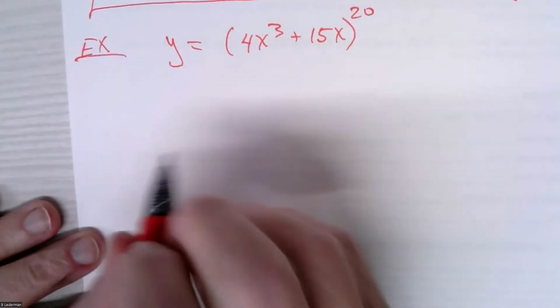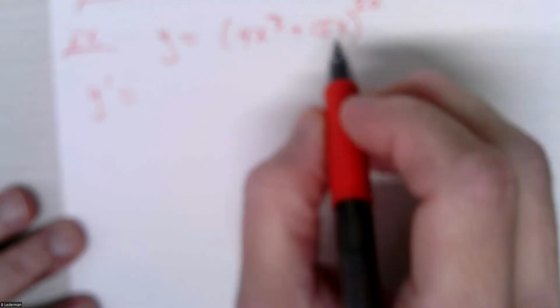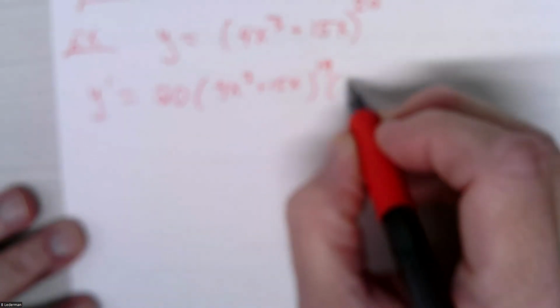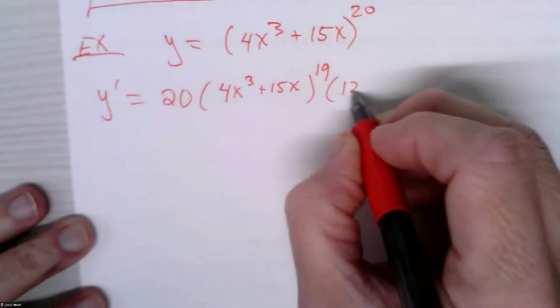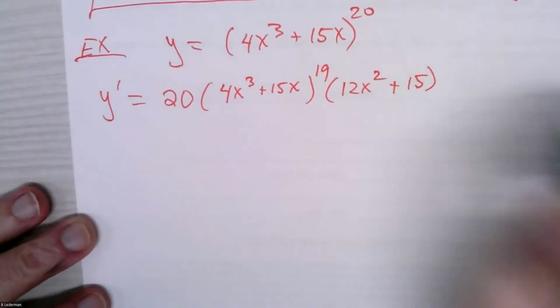So y prime, well, it's going to be 20 times the blob to the 19th power, times the inner derivative, which is 12x squared plus 15.